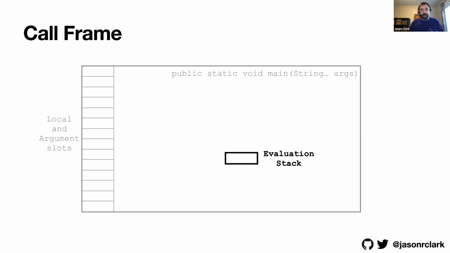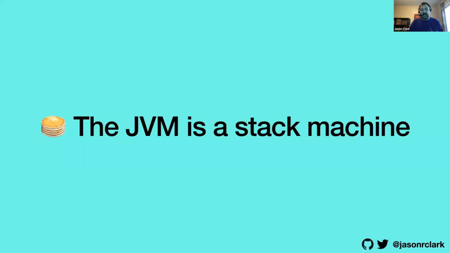Now, if you've done assembly, where you have registers and all this stuff that's really specific to the CPU, the JVM is not like that. It's a very simplified evaluation model. It's a stack machine, and it just works with that stack. That makes it really easy to do JIT compilation and optimization later on, because the bytecodes are really generic. They're very, very simple, and they're designed so that they can be optimized later.